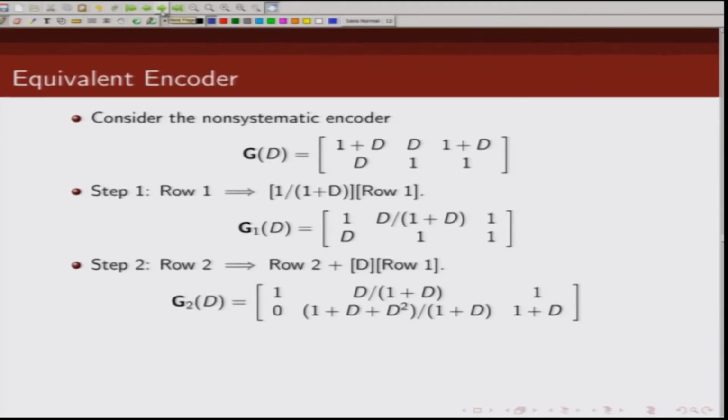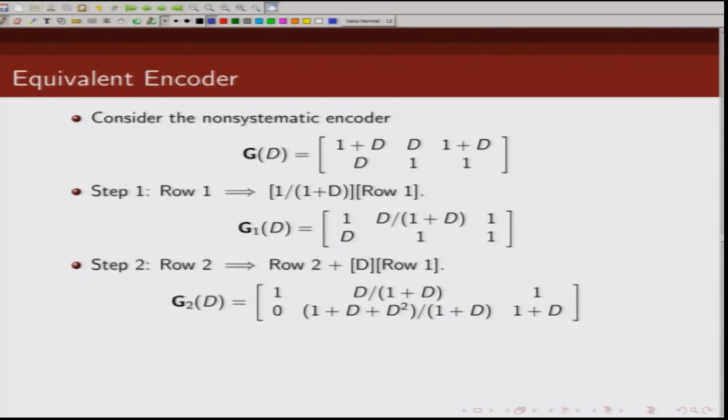Next, we want to get a 0 here, right? How do we get a 0 here? We do this transformation: row 2 will become row 2 plus D times row 1. So, the first row is unchanged, but the second row is row 2 plus D times row 1.